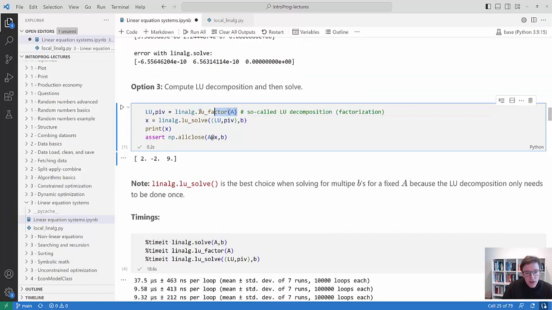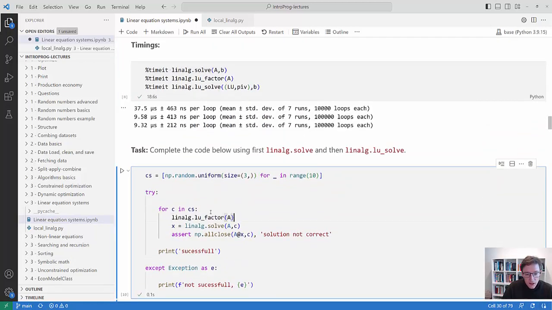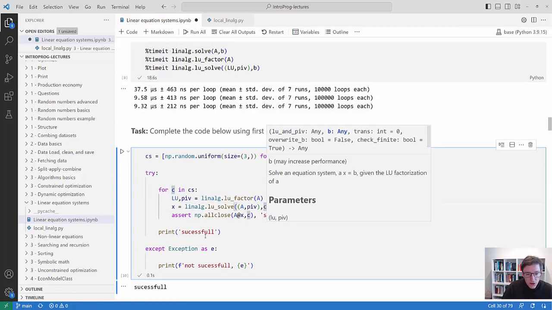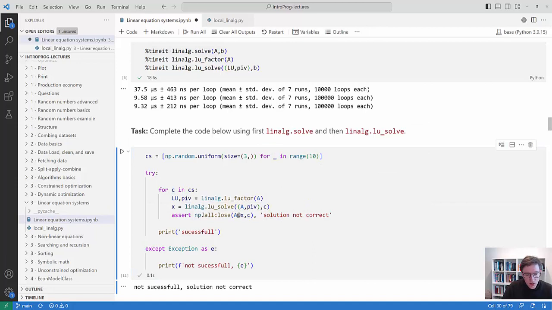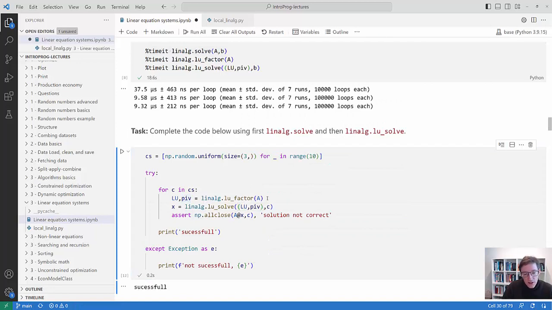There we first use this LU factor here, and then we use the LU solve, and this put out the LU and the PV, and we put it in like this here. So this didn't work. What did I do wrong here? I put in the A instead of the LU. So now this is also successful.